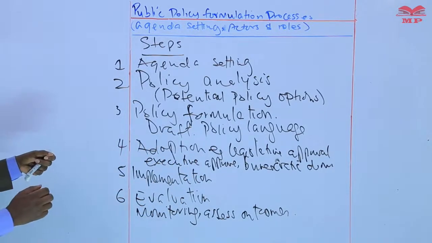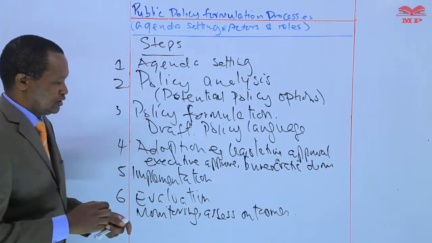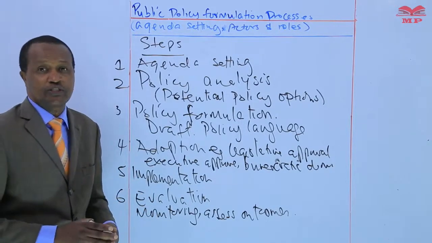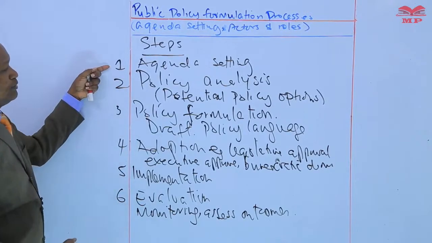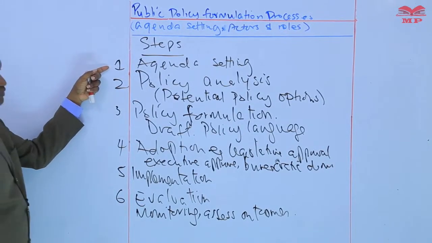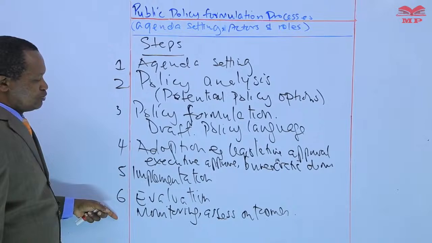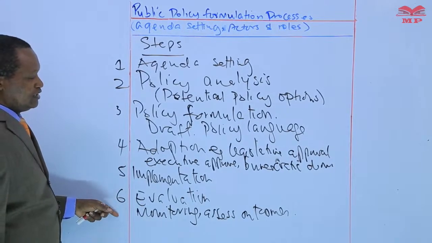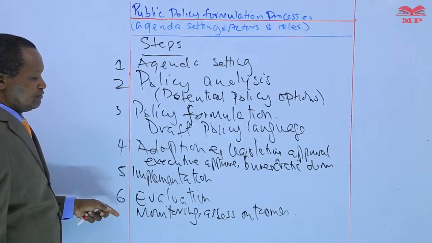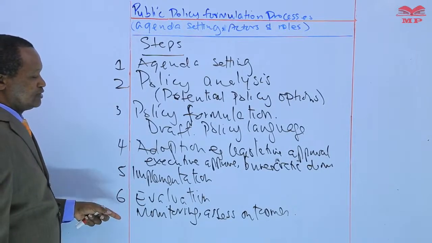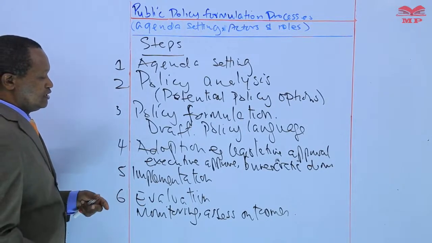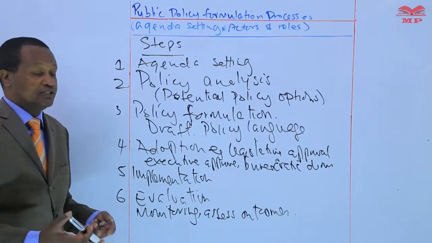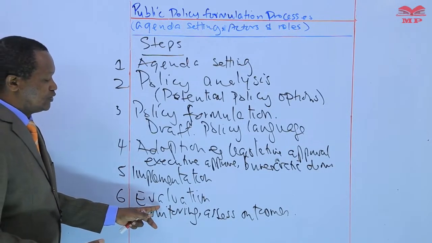You understand? If the policy required the distribution of resources in order to solve a problem, then the government has to put in place a mechanism to evaluate if the program is effective by monitoring, by assessing outcomes, and also ensuring that if there are any adjustments that are needed, then that is done, because that's the purpose of evaluating.